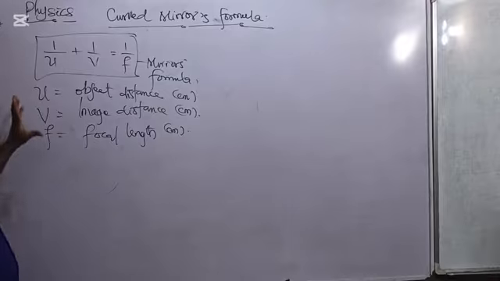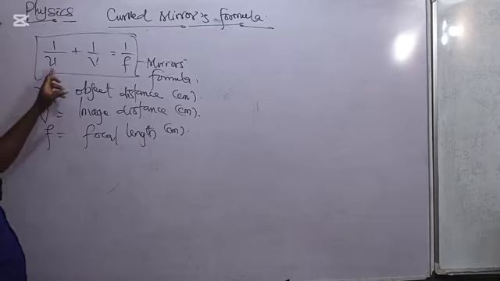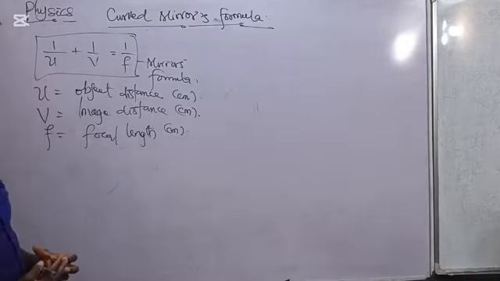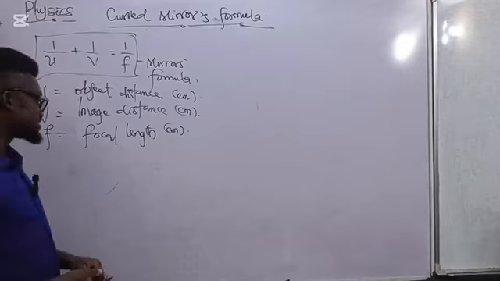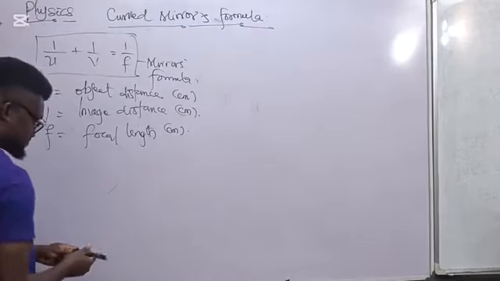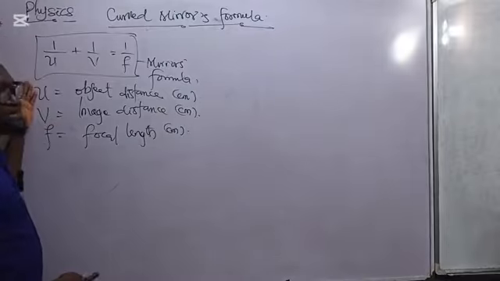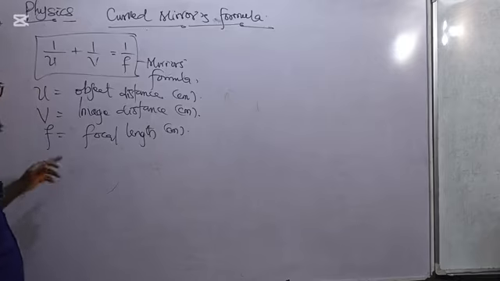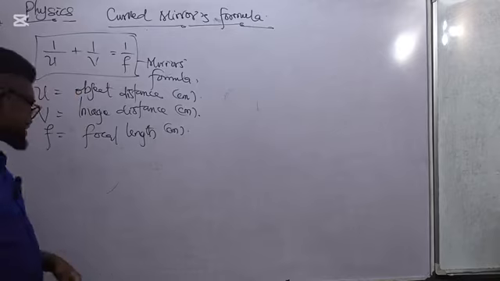Now, with this very formula, you will be able to obtain object distance, image distance, or focal length when given. You will be able to obtain v, f, or u if anyone is asked.